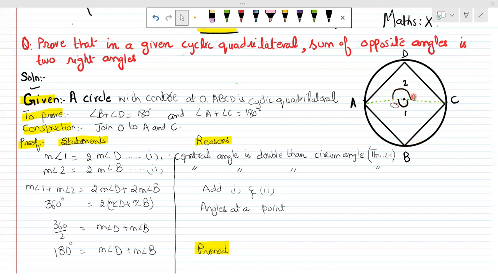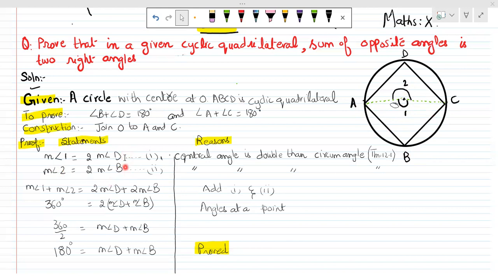And if we join point B with A and C, it becomes ABC, and ABC will be the circumference angle for angle 2. So angle 2 will be twice angle B, which is ABC.